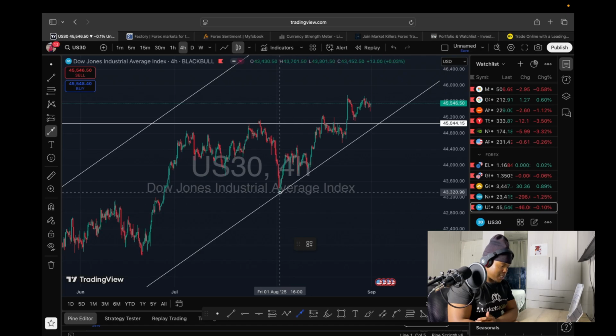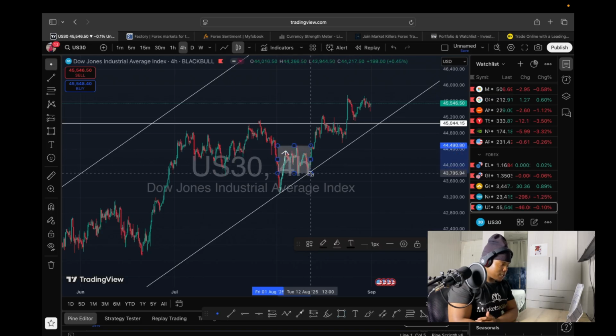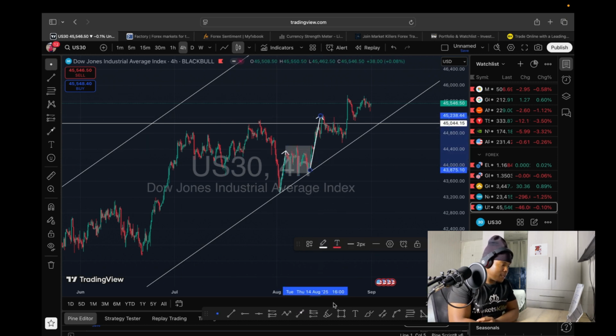And looking at US30, I can see we had beautiful price action movements. As you guys can clearly see, we had an impulsive movement followed by a correctional movement right there. And then we had an impulsive movement heading to the upside, followed by a correction movement right there.